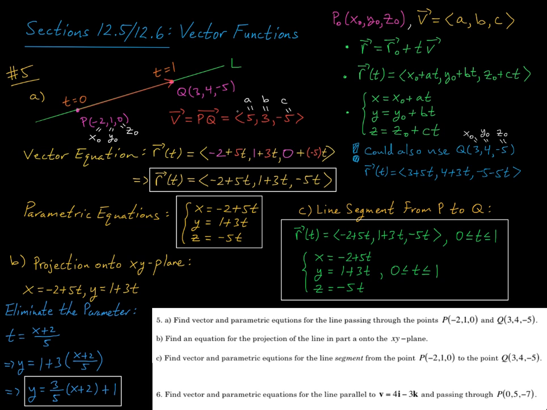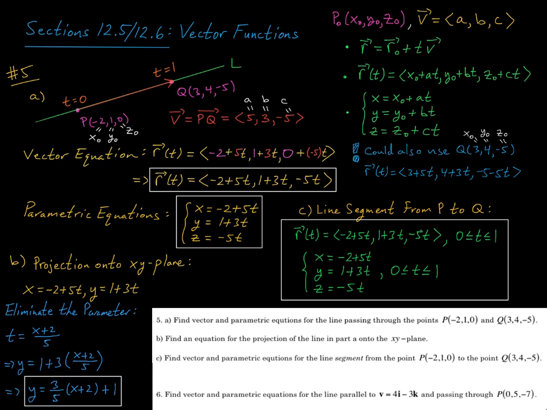And then when T is 1, I'm at my endpoint, Q. So that's going to be, when T is 1, 3, 4, negative 5. So letting T take on values just from 0 to 1, that's going to describe the points from P to Q only. So it's describing that line segment, not the line that passes through the points P, Q like we had in part A. Okay, and then here are those corresponding parametric equations. And there we have it.